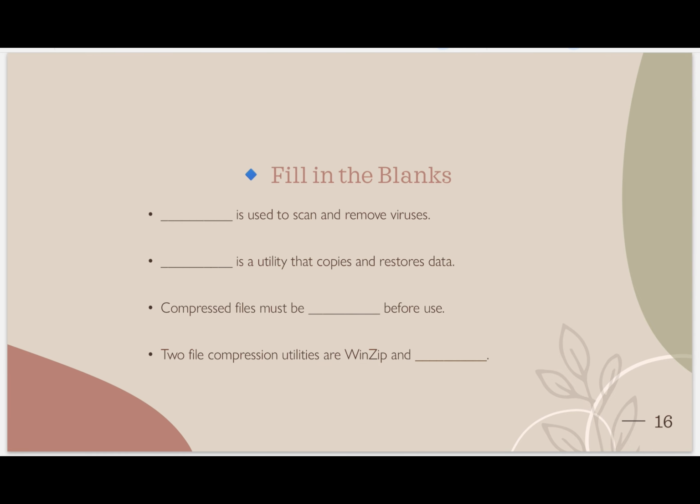Now fill in the blank. That dash is used to scan or remove viruses. What is antivirus? Correct. Second one, that dash is a utility that copies and store data. Which? Backup utility. Then next, compressed file must be that dash before use. Compress or decompress? Decompress. It should be decompress before use.